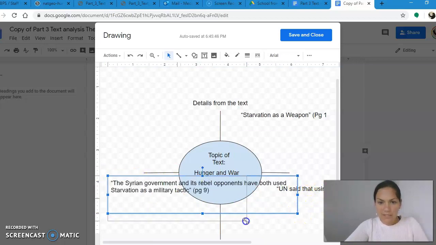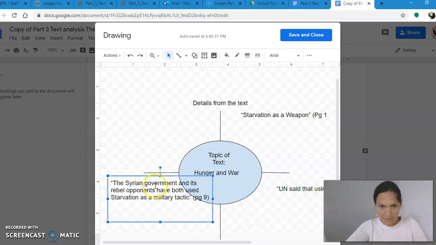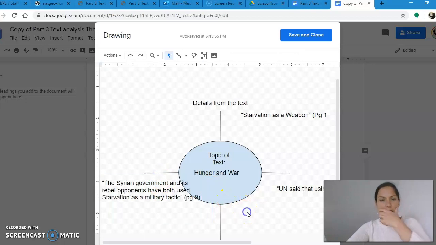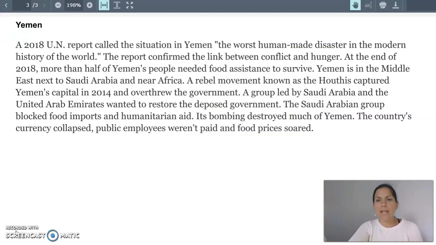So we are going to now look for another detail about food being used as a tactic of war in Yemen. Let's take a look at our article. Okay, in this 10th paragraph, it says that the UN report called the situation in Yemen the worst human-made disaster in modern history.